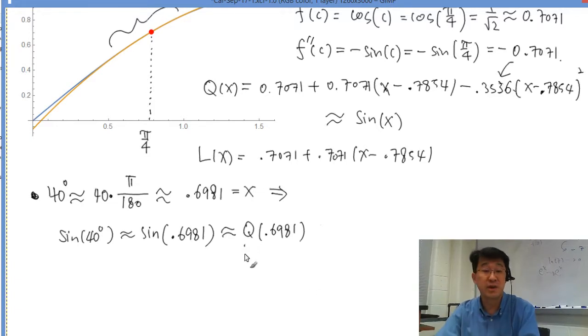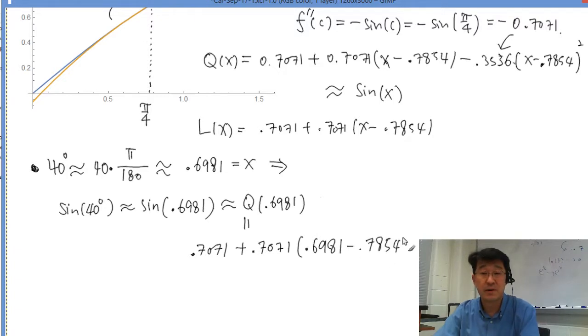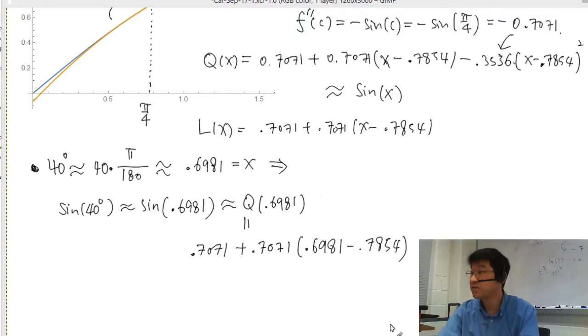So I'm doing that, writing it down, and this part's easy. 0.7071 plus 0.7071 times x replaced, 0.6981, minus 0.7854. Make sense?